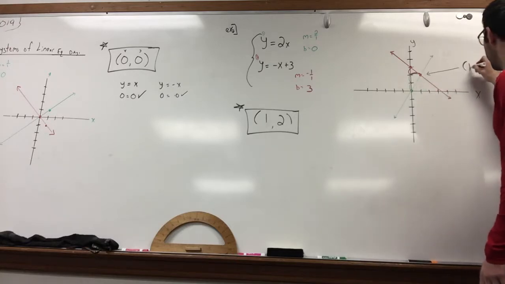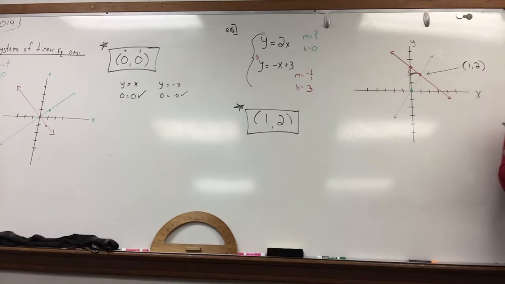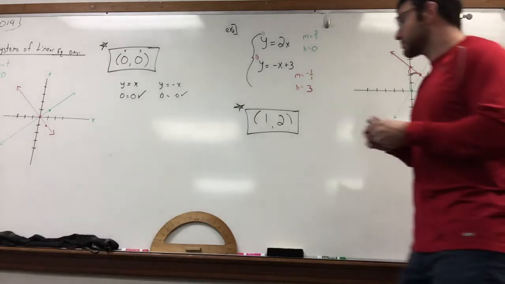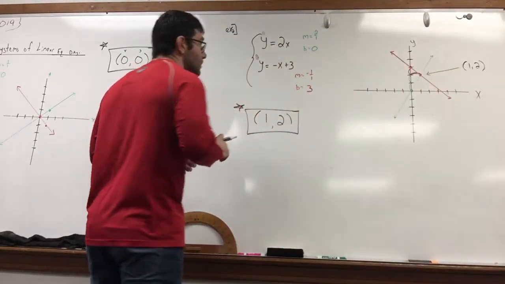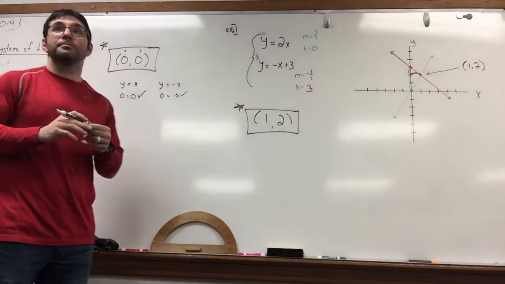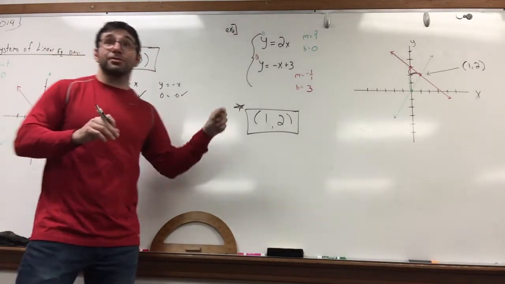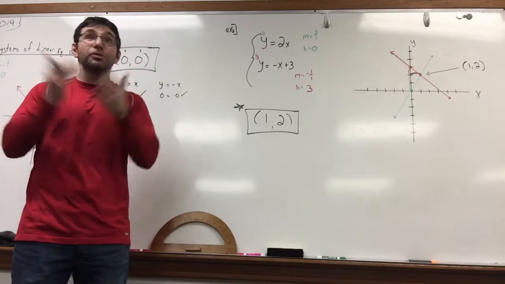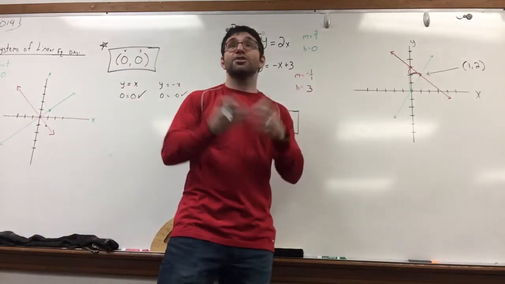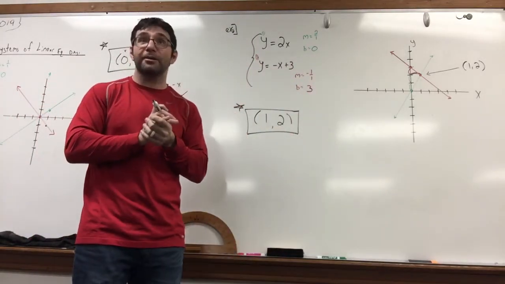So the intersection is (1, 2). At this stage of solving the problem, you are using just the individual point and its location. Your solution is the intersection, and that's what you're going to use to check.